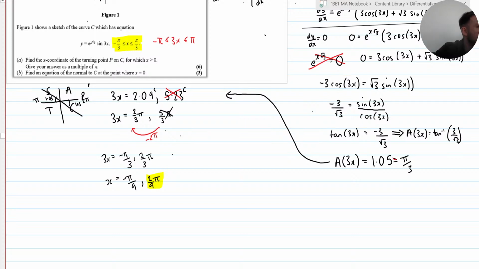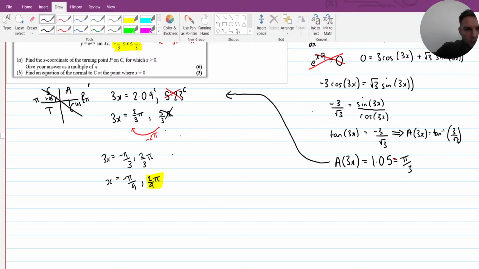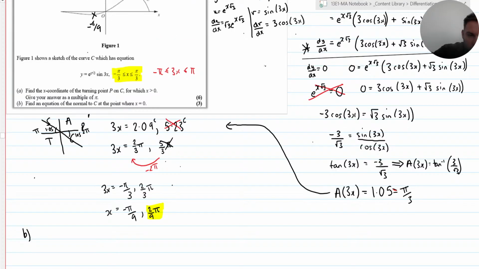So part B says find the equation of the normal.